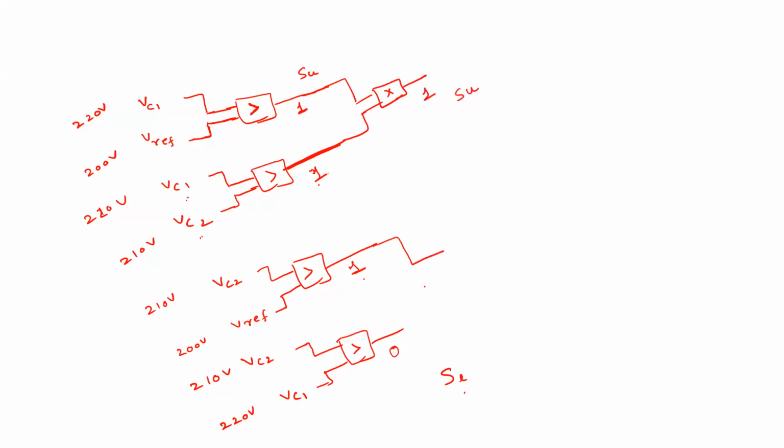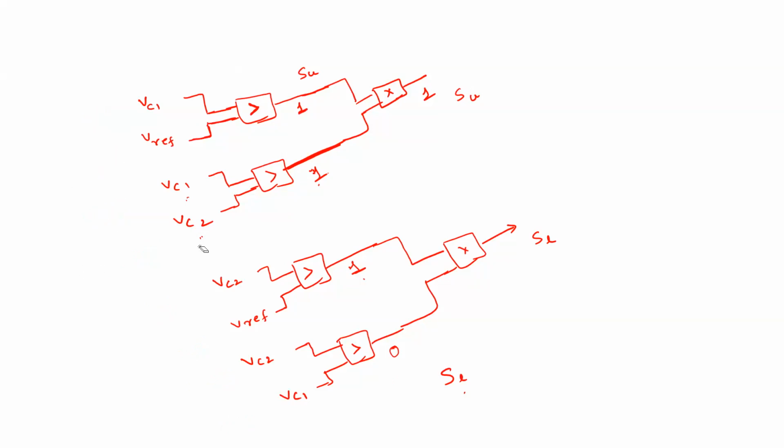Similarly, we need to multiply these two, and that gives you S lower. Why exactly are we multiplying this? Because to prevent both turning on and off. In some cases at the beginning, there is a chance that both will turn on and off.